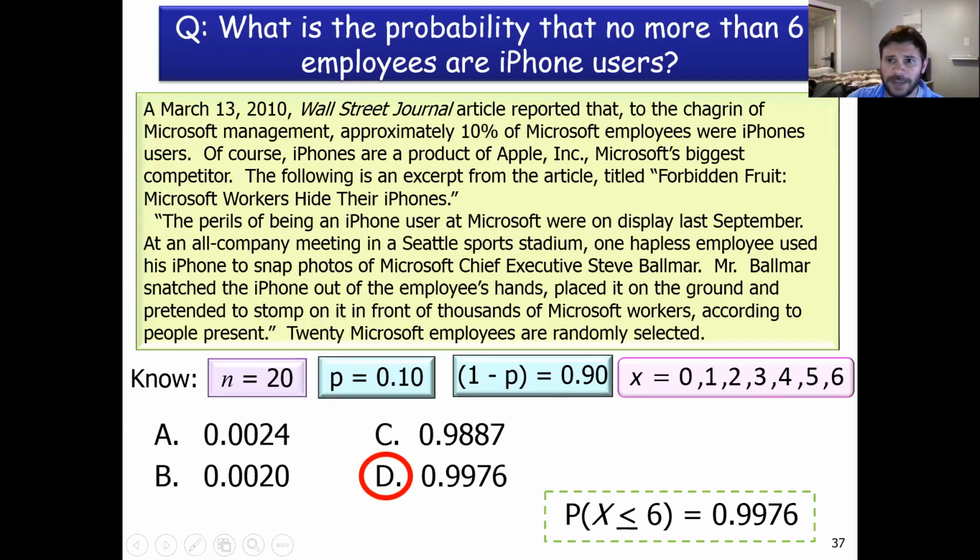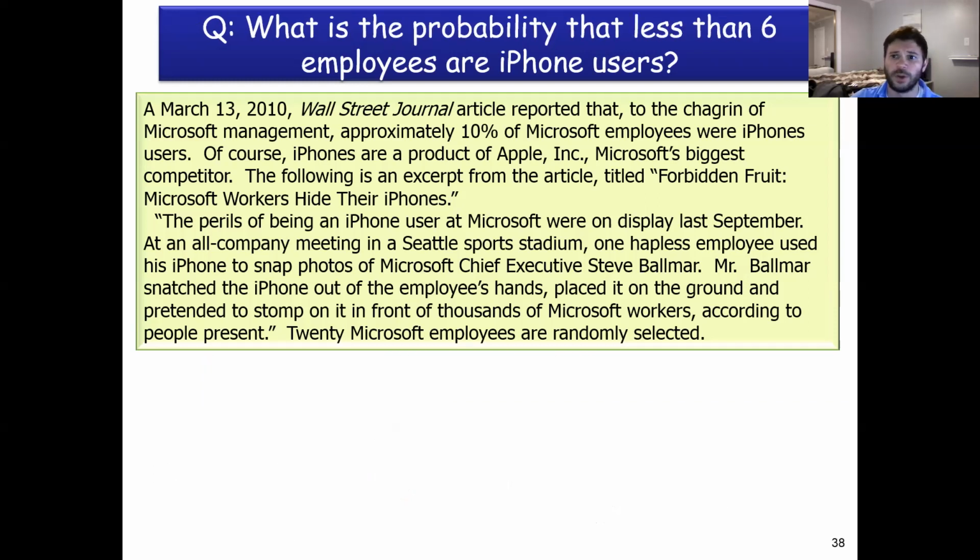Still same case study, but now the question changes the narrative just a little bit. So recall up here we were looking at the event no more than 6, which was 0 through 6 inclusive. But now we're going to change the wording just a little bit, and we're asking essentially the same question, but we want to know what is the probability that less than 6 employees are iPhone users.